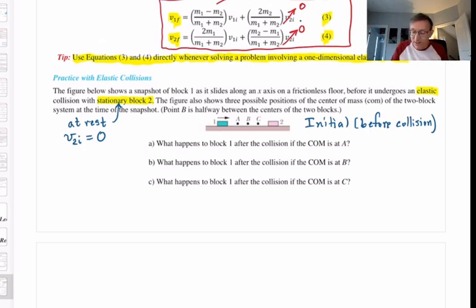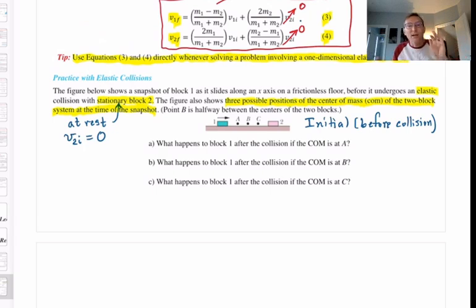All right, now there's more to what I'm told. The figure also shows 3 possible positions of the center of mass, COM, of the 2-block system at the time of the snapshot. Those dots there, A, B, and C, are not particles.